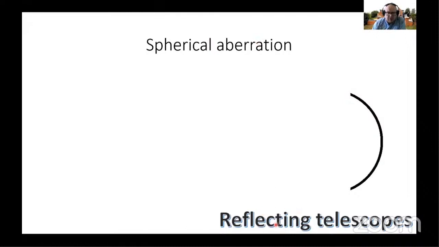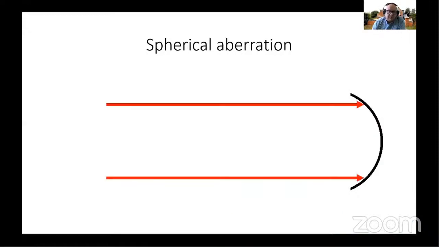Now, spherical aberration predominantly affects reflecting telescopes. There'll always be some caveat about these aberrations and them having different effects on different types of telescopes, but this is predominantly a reflecting telescope problem.